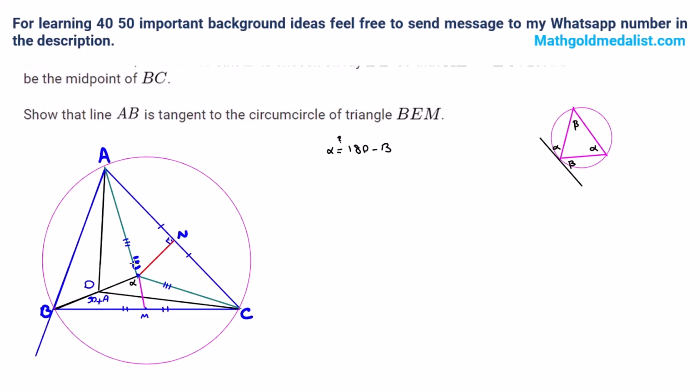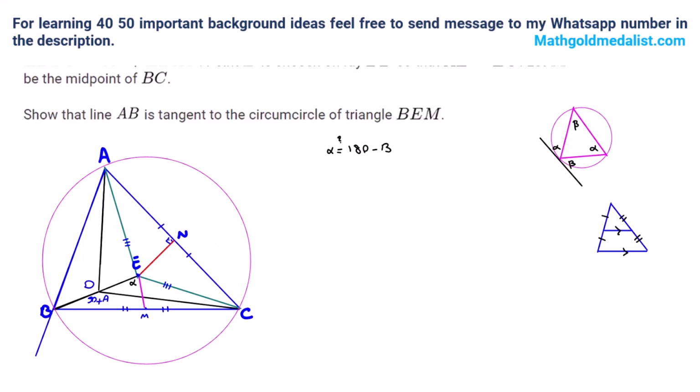Now, here we draw this one, and another thing that can be good. By the midpoint theorem, we know that when we have this, it is parallel to this one. And we want to prove this angle is 180 minus B. And we have one midpoint. So if we extend this such that E is the midpoint of this line, we can say it is parallel to this one, EM.